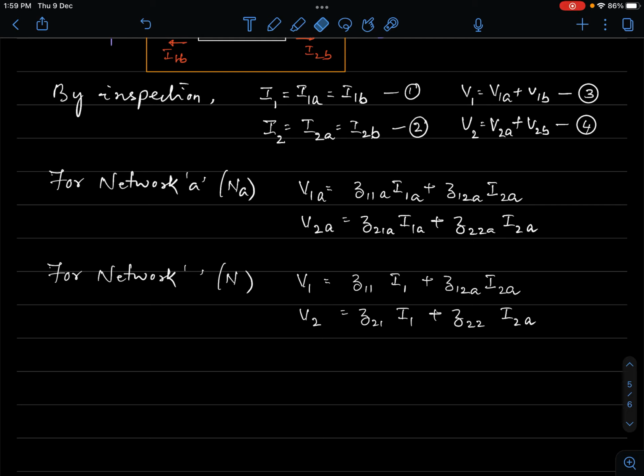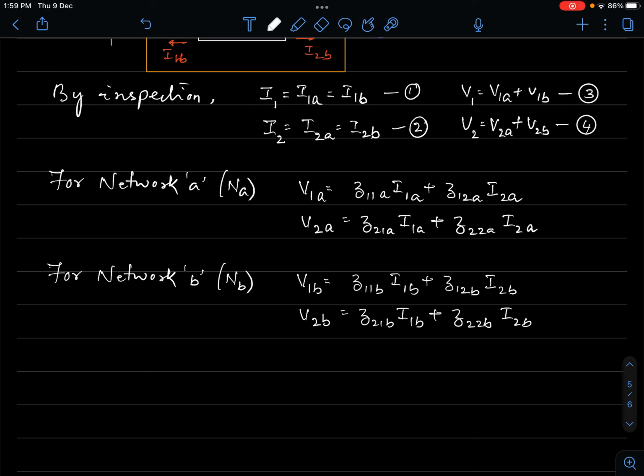I'll remove all these A's and replace them by B. Wherever I had A, now I have B. This is for network B. So for network A and network B, we have the voltage equations.